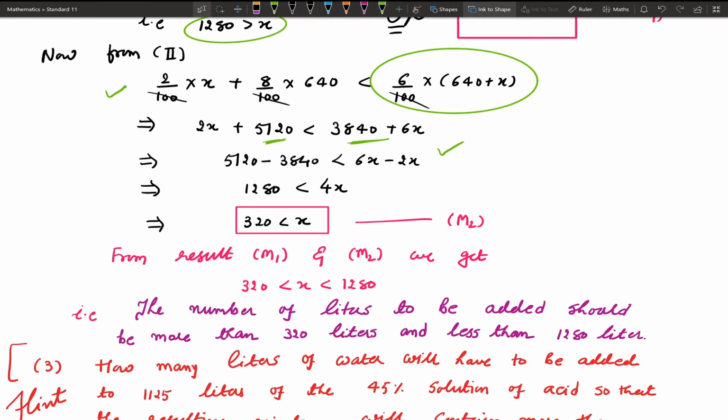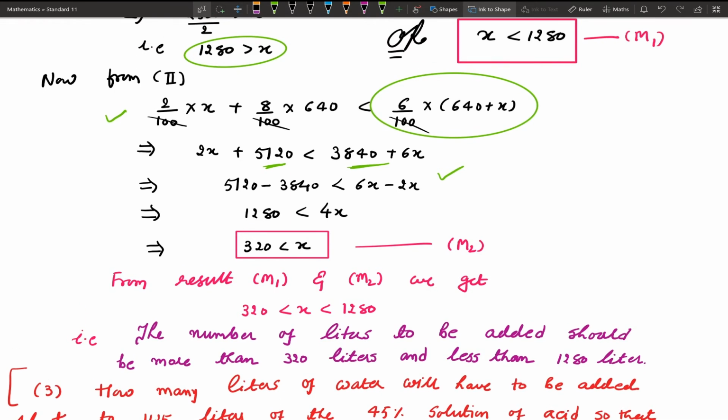Now when we write results M1 and M2 simultaneously, 320 less than X and X is less than 1280.